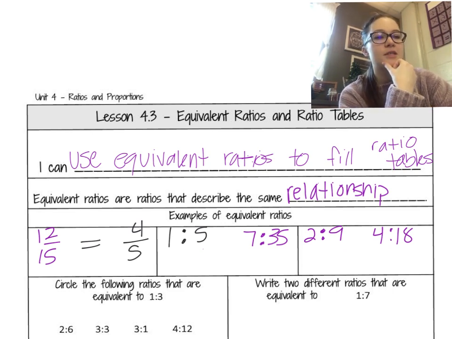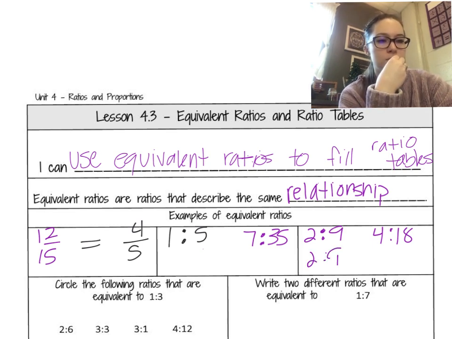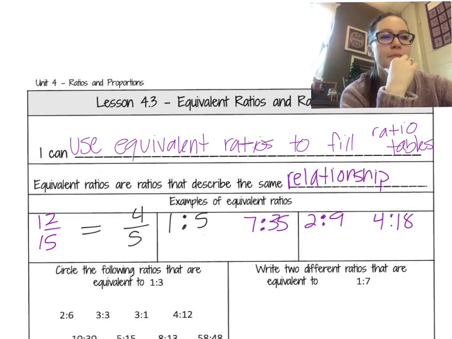So I wanted to add 1 more of this ratio. So that's how we got to that. You know, and these can be kind of tricky because there's multiple ways to do it. You can do it by adding and you can do it by multiplying. So it's up to you to figure out the best way to figure out which one is equivalent. Okay?